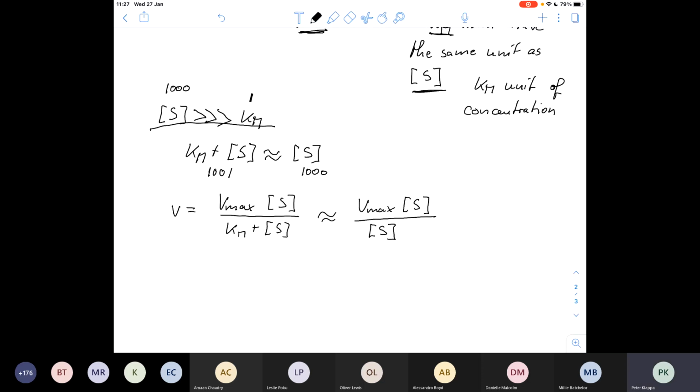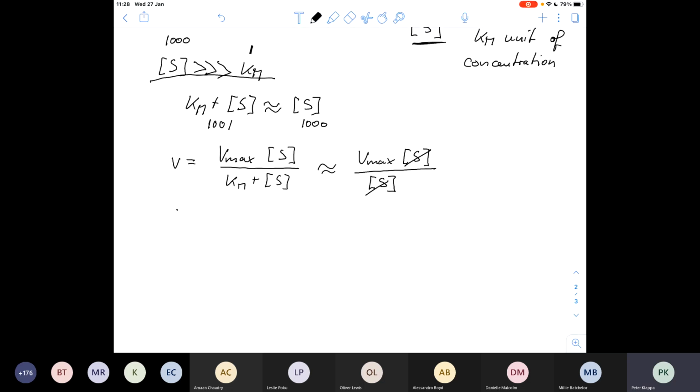The S cancels out. And what we have got left is V equals Vmax. Our rate equals Vmax. We're coming to that.